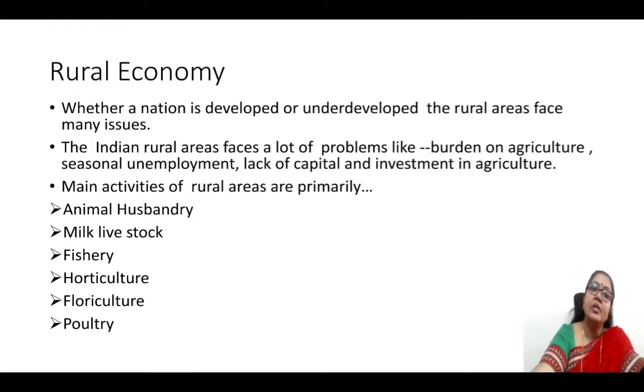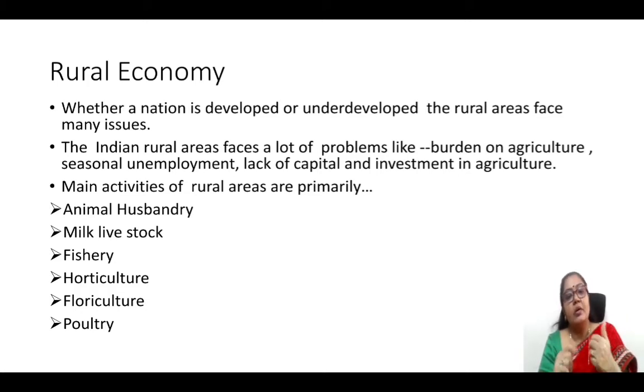Moving on to the rural economy, we find that whether a country is developed or underdeveloped, there are two aspects of the economy: the rural economy and the urban economy. The rural economy always faces many issues.